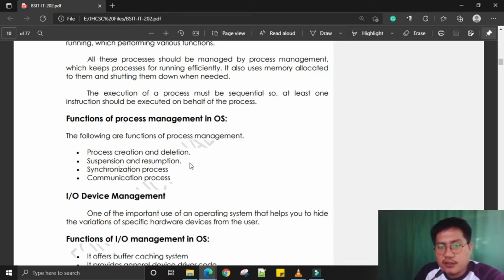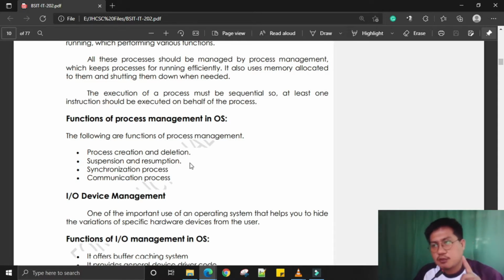While in synchronization, for example, you are opening a single application and that application has different processes, like this browser, and those sub processes should be synchronized in execution time before it can produce an output.